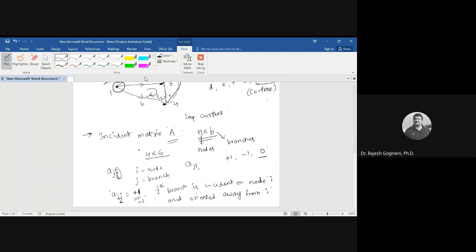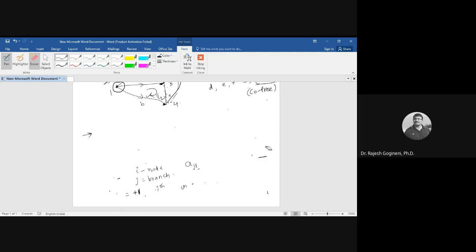Suppose I will give you a simple graph to understand what the incident matrix is and how to write the incident matrix for a given graph or given tree. Let us see here.